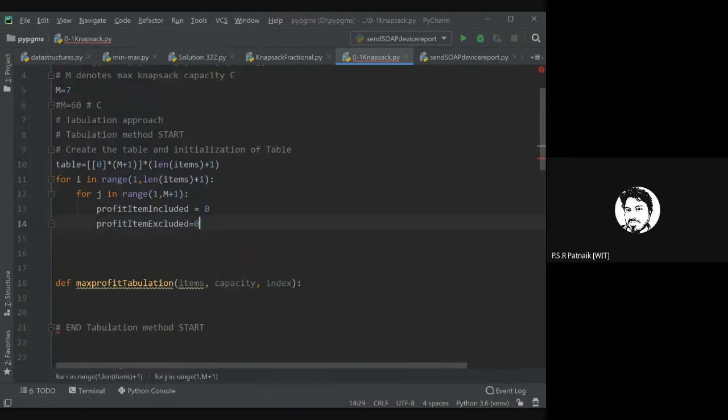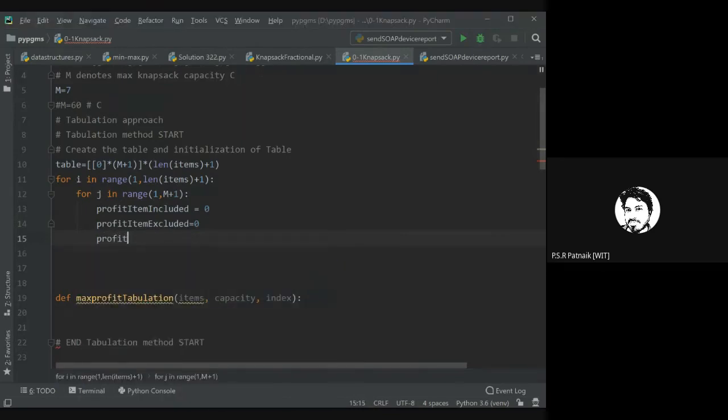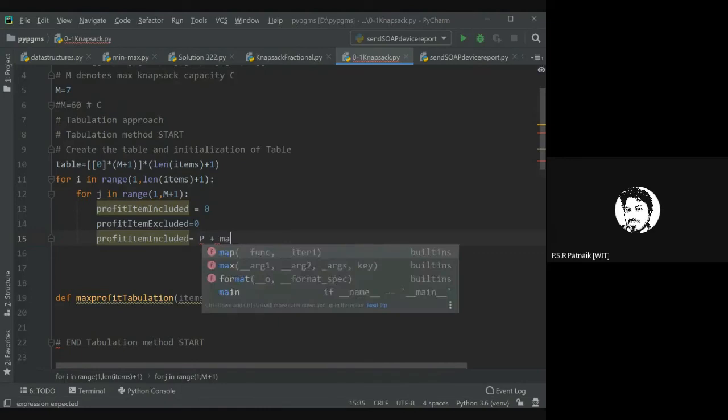So when I have both the values, how do you calculate profit included? What does it indicate? If I include that item, what would it be? It was something like p plus some max, right?